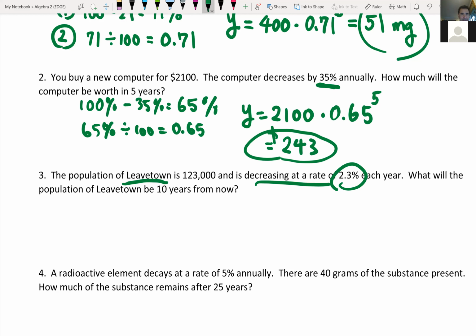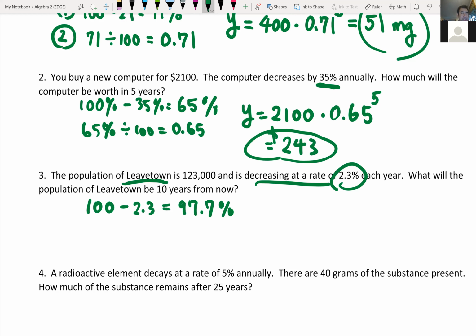So first you have to, again, you don't really need to write this part once you get comfortable working on this type of problem, but I'm gonna write it. So you have to first subtract 2.3% from 100, and that will be, what is it? 100 minus 2.3, 97.7%.